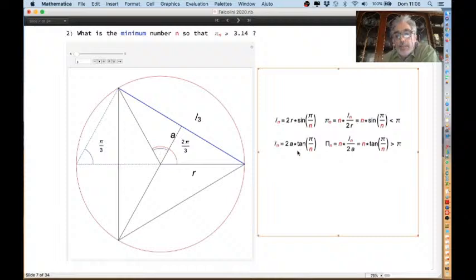And so for any n, Ln is twice the apothem times the tangent.